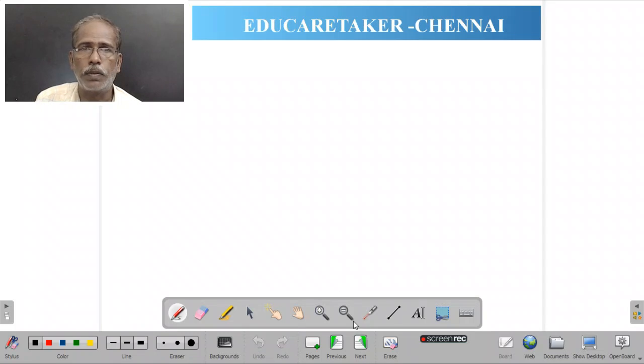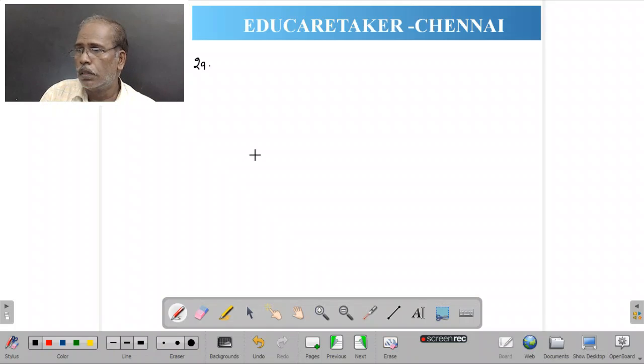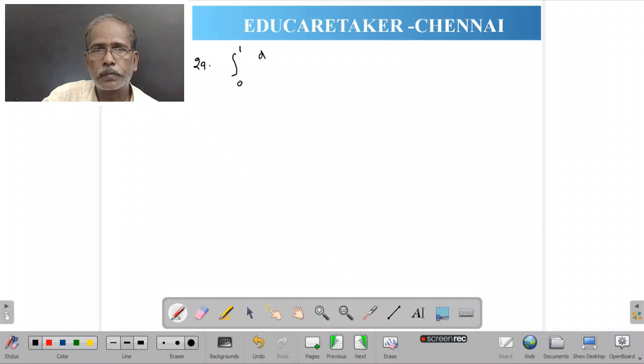Question number 29. Integral of 0 to 1, dx upon root of 1 plus x minus root of x.